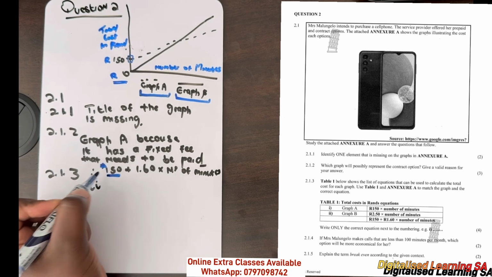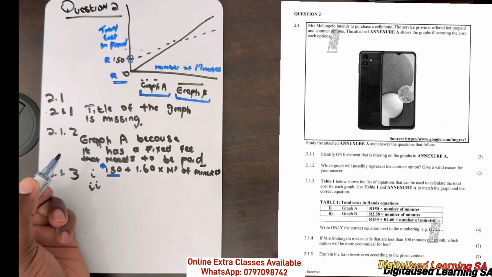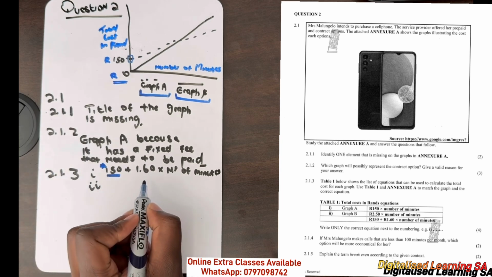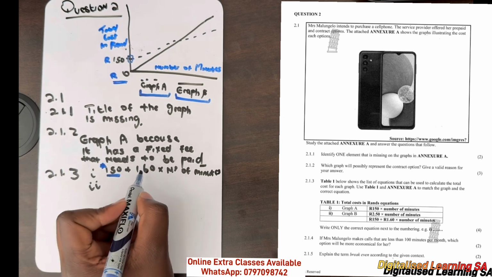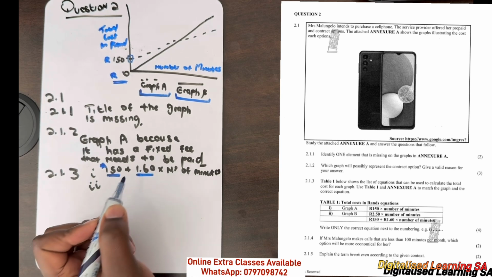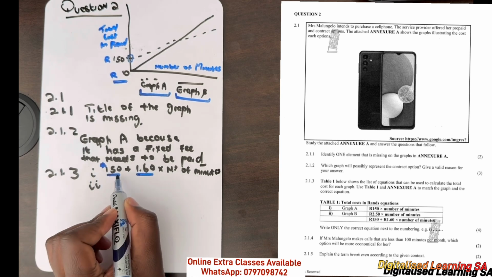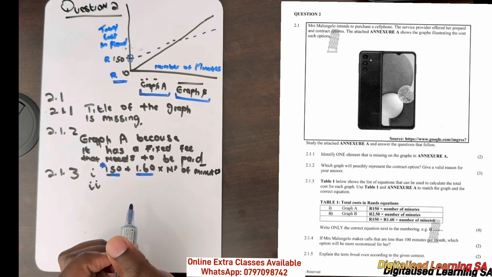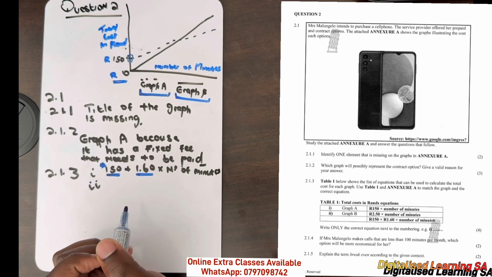So this is fixed, it needs to be paid regardless. And then the cost per minute is how much? It is 1 rand 60. So there's 150 and there is the cost per minute, depending on the number of minutes that has been utilized or used.